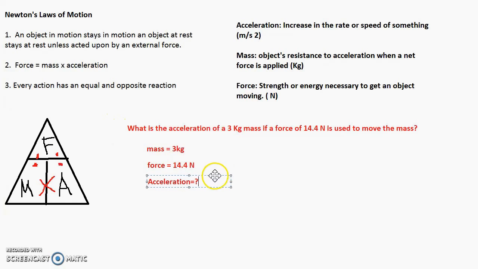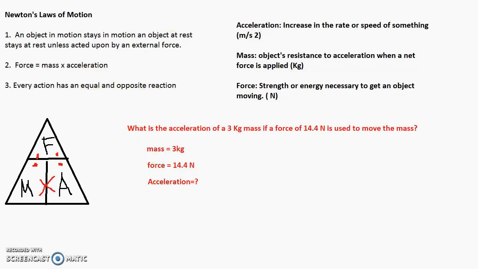So what we are going to do is we are going to use our formula triangle that you can see over here to figure out what the formula for acceleration should be, because what we are used to when we're talking about force and even that second law is this formula over here, force equals mass times acceleration. So we have to change this formula to be acceleration equals question mark.